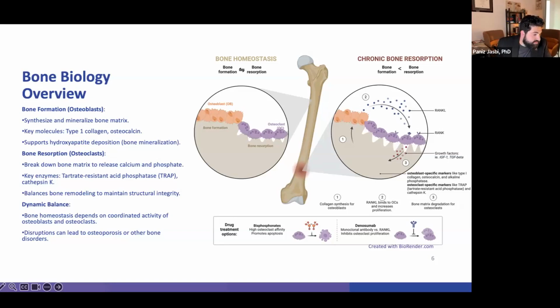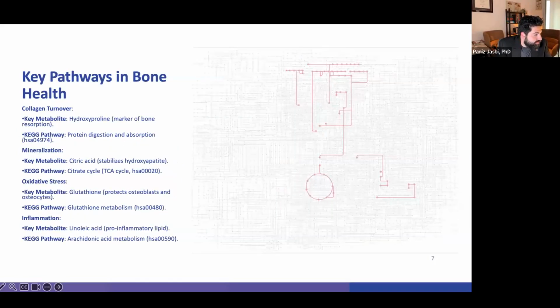Homeostasis of bone is achieved through the coordinated actions of both of these cell types, ensuring both continuous remodeling and adaptation to mechanical stress. And we should also take note of the imbalances. Disruptions lead to osteoporosis or other bone disorders, and it's a result of this imbalance in the activity of these cells, usually characterized by a decrease in bone mass and increased fracture risk.